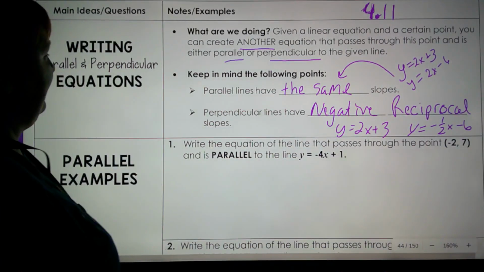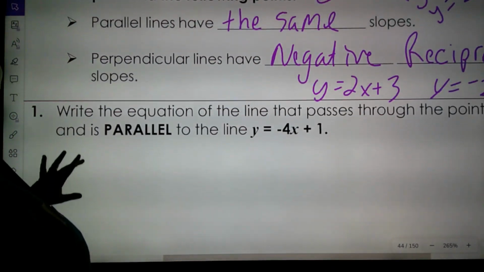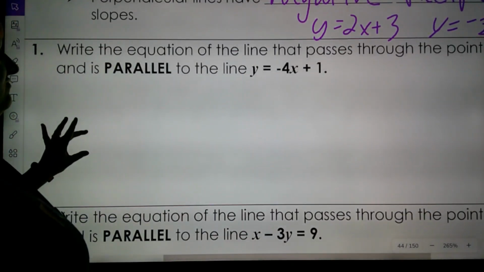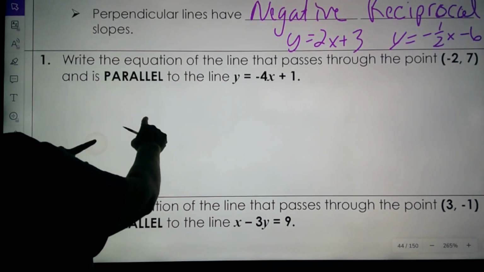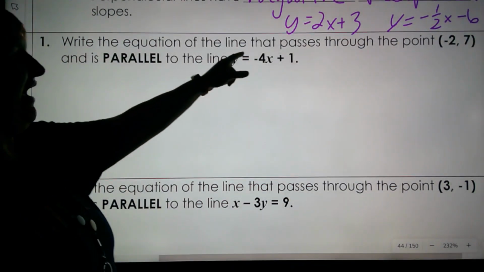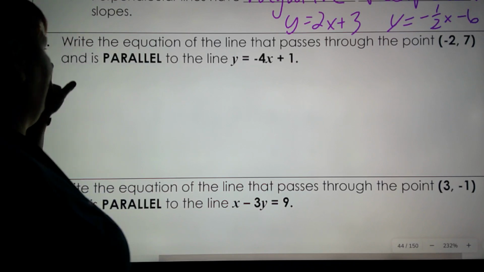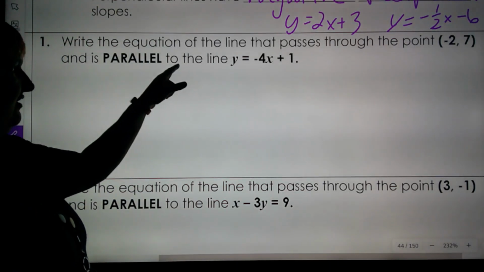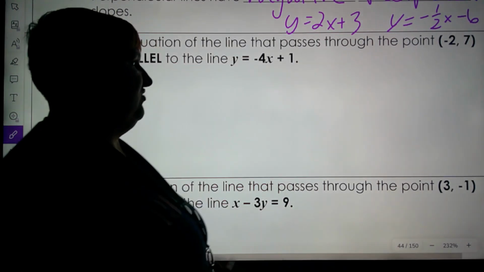All right, parallel examples. I do odd, you do even. It says, write the equation of the line that passes through the point negative 2, 7 and is parallel to the line y equals negative 4x plus 1.